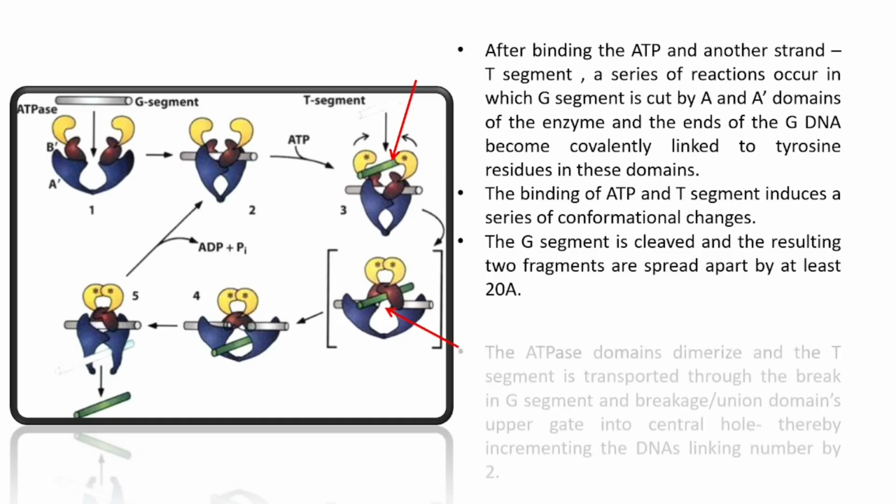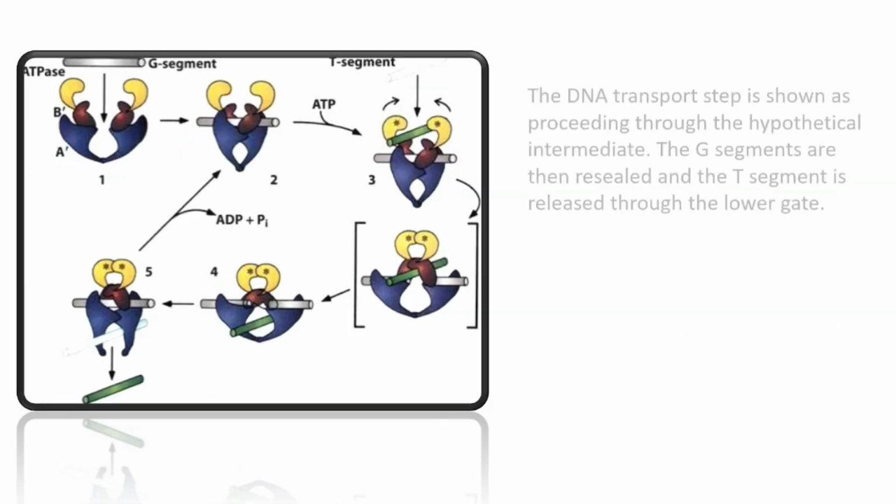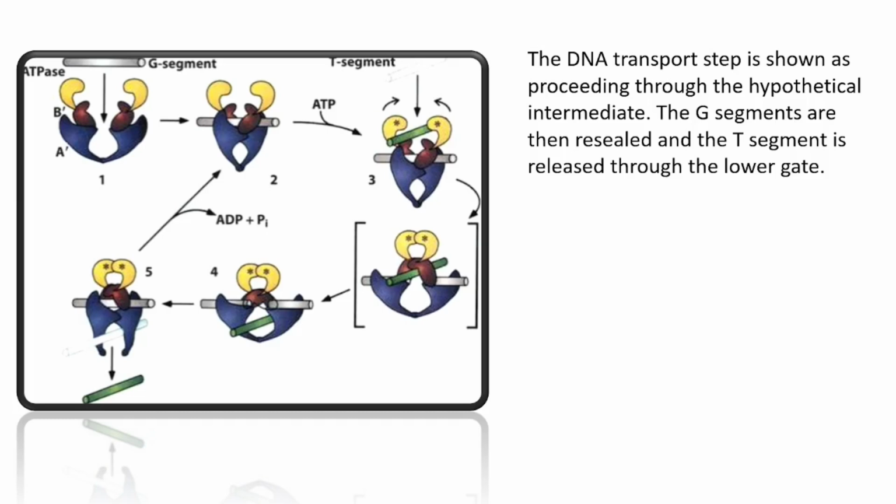Simultaneously, the ATP binding domains move towards each other and they dimerize, transporting the T segment through the break, as you can see in step 4 on your screen. The DNA transport step is shown as proceeding through the hypothetical intermediate step.